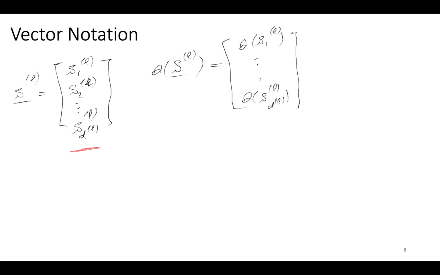The activations of S, the output of that, right, is going to be the theta of S of L. So this is the output of the activation function. So you can expand it just like that with the theta of S1 of L up to theta of S of D of L, right? So that's the last node in that specific layer. That was the first node.